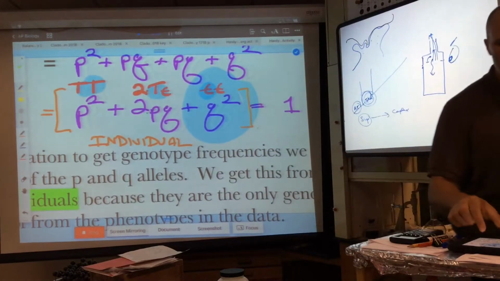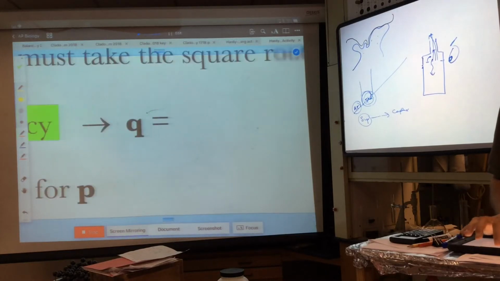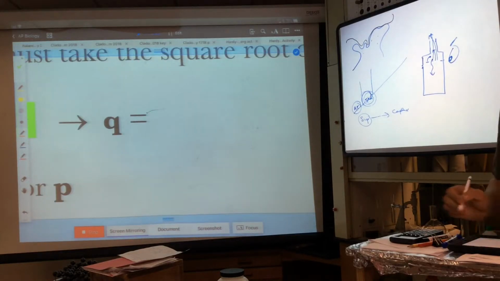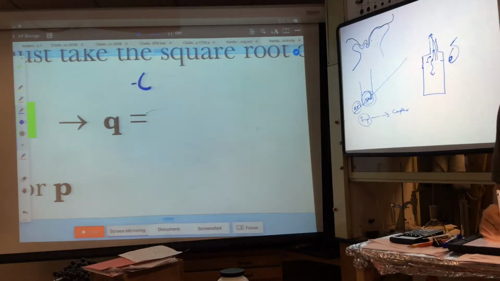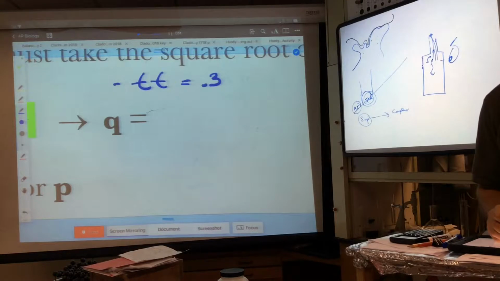So what I'm going to do is go find Q. And like I said down here, to get Q, I take my Q squared. I know that the TT individuals, the non-tasters, from the first page is 0.3. But that is really what? Q squared, right?